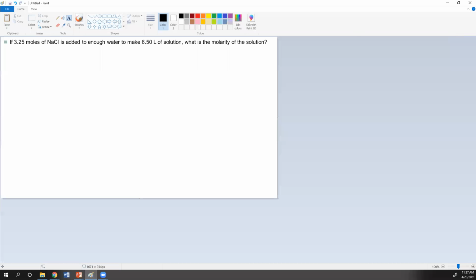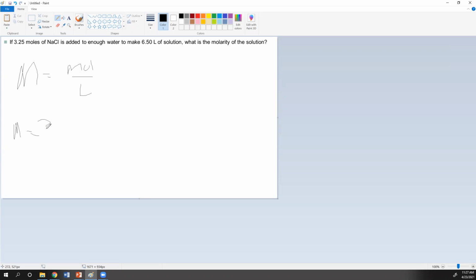All right, so which version of the equation am I using? Molarity is moles divided by liters, or molarity is grams divided by molar mass divided by liters? The first one, because I'm given moles. So molarity equals moles divided by liters. My big M is my question mark.